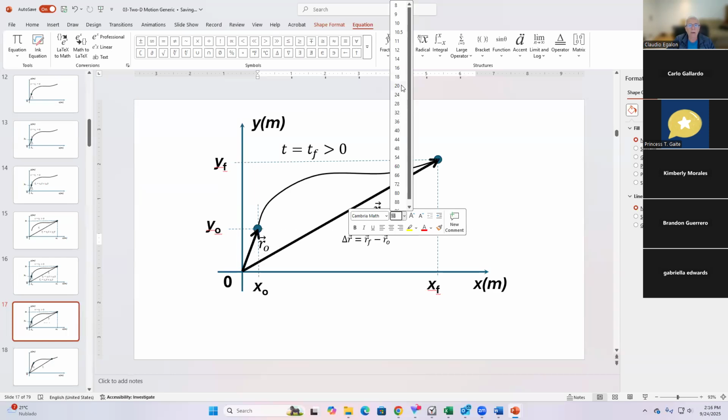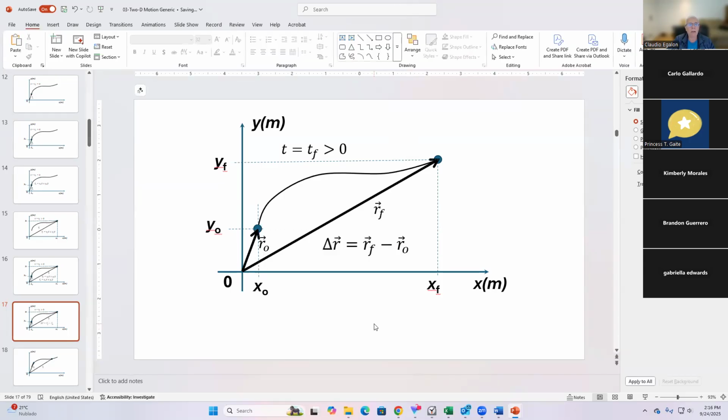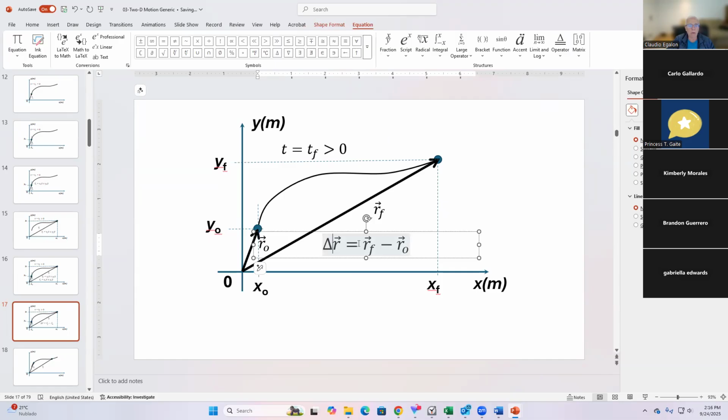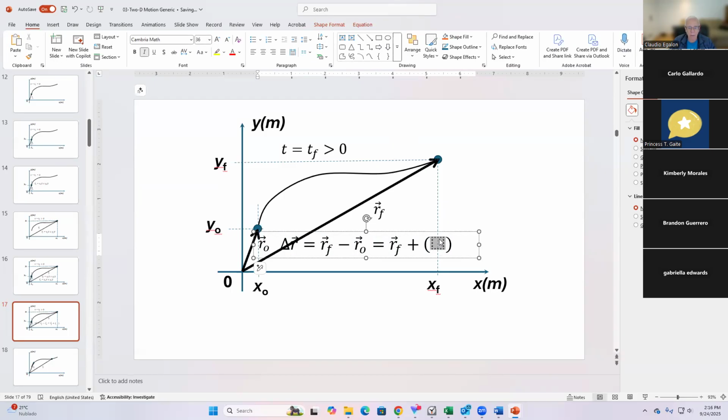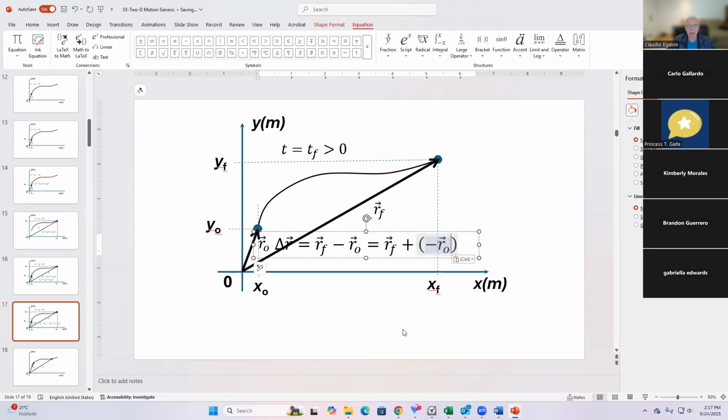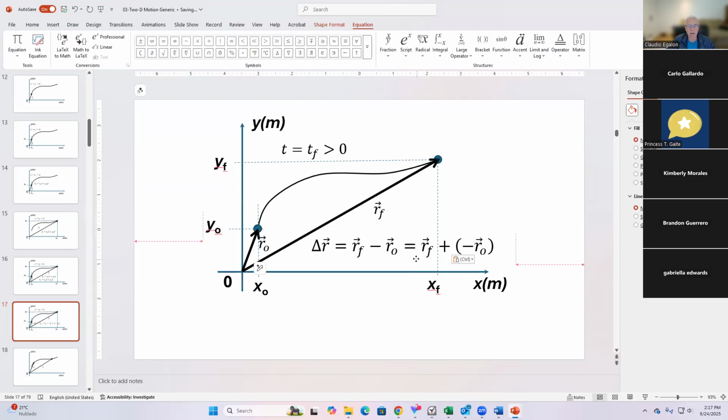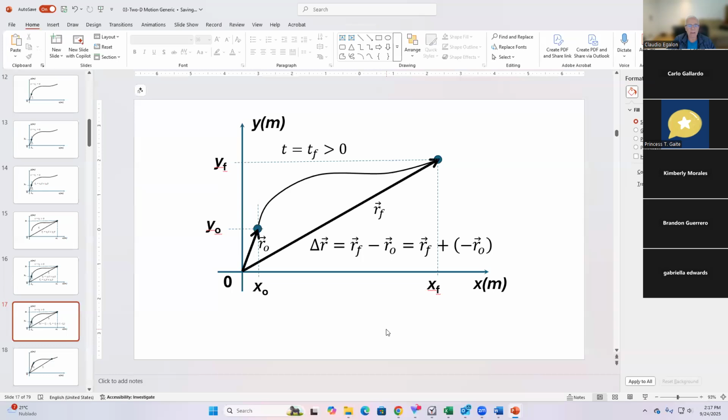Let's increase the size so you can see it better. Yeah, that's how it is the summation of two vectors. It is the summation of the RF vector with the minus R naught vector. So what we have to do, I have to invert the direction of this vector here.